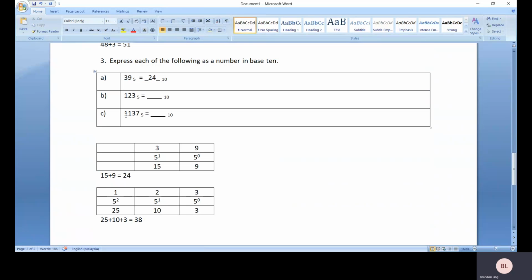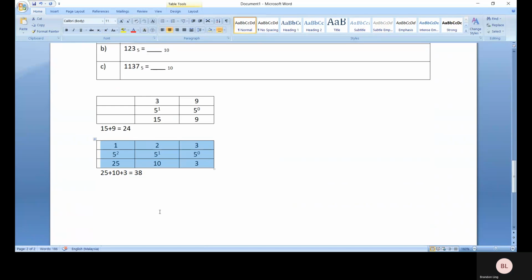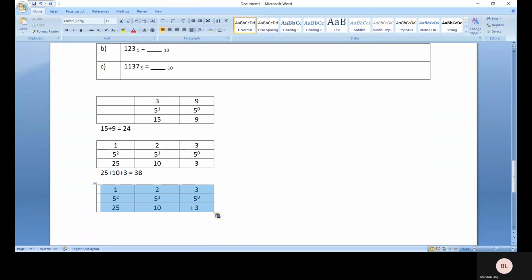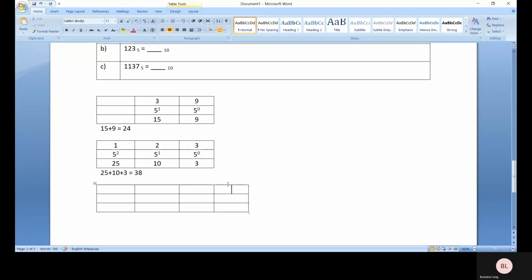Okay, the last one, 1137 base 5, convert it to base 10. Okay, I need to add another row here. So it's 1137. So this will be 5 to the power of 3.